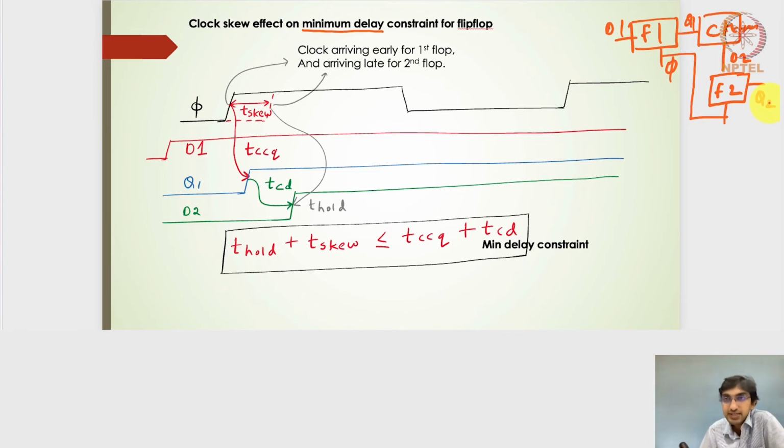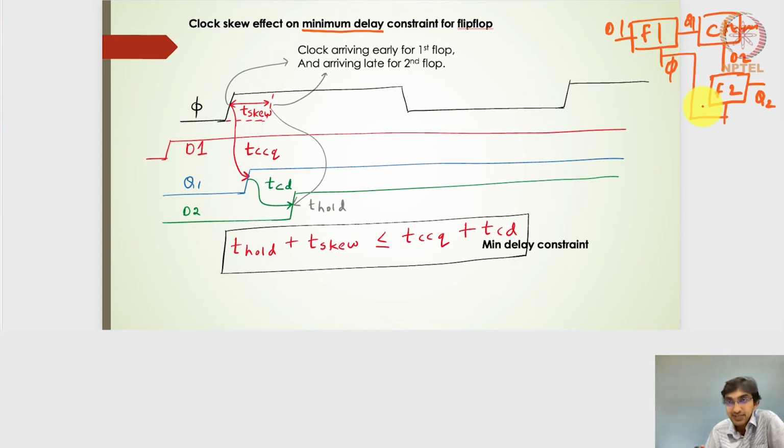In our previous data path system example, what we had taken was the clock arriving late here and early here. For the minimum delay constraint, it could be exactly the opposite way. The clock is arriving early for flop 1 and late for flop 2, right?